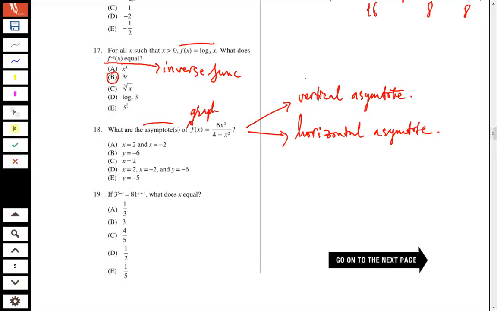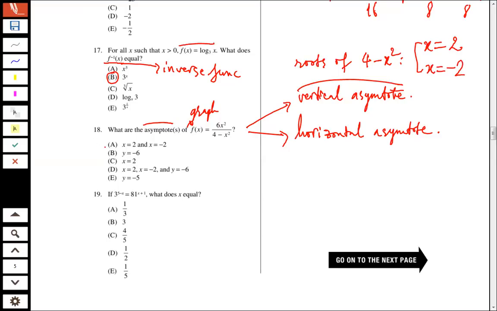To find a vertical asymptote here, we just find the roots of the denominator, 4 subtract x squared. That is x equals 2 or x equals minus 2.